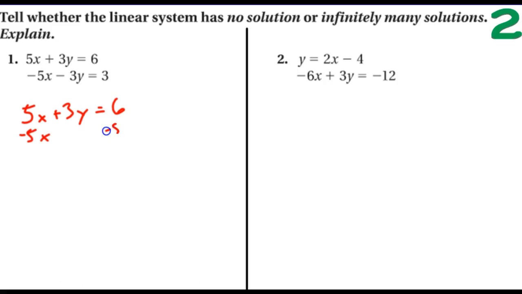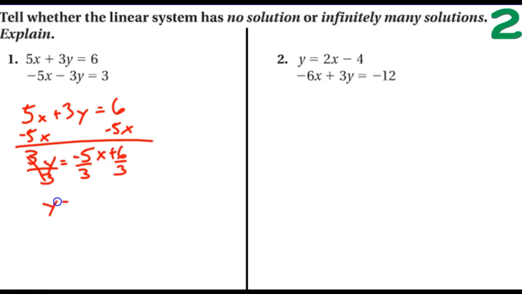We subtract the 5x. 3y equals negative 5x plus 6. Divide by 3. y equals negative 5 over 3 x plus 2.